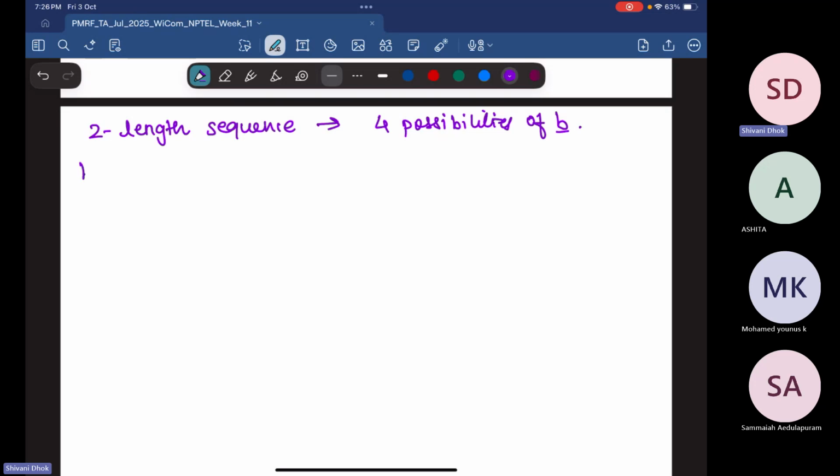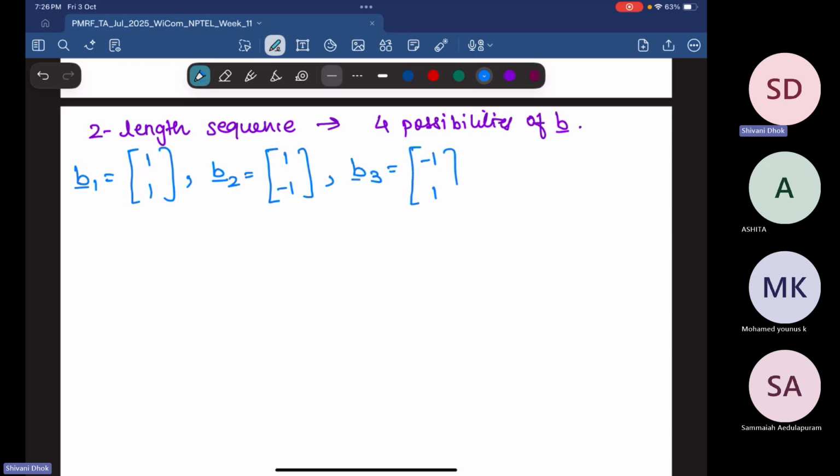So you will have, let's say, b1 as (1, 1), b2 as (1, minus 1), b3 as (minus 1, 1), and b4 as (minus 1, minus 1).